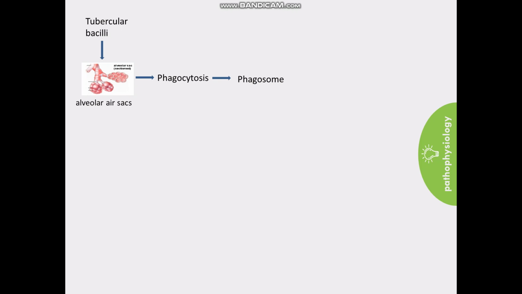The phagosome combines with lysosomes to create the phagolysosome. In the phagolysosome, the cell attempts to use reactive oxygen species and acid to kill the bacterium.